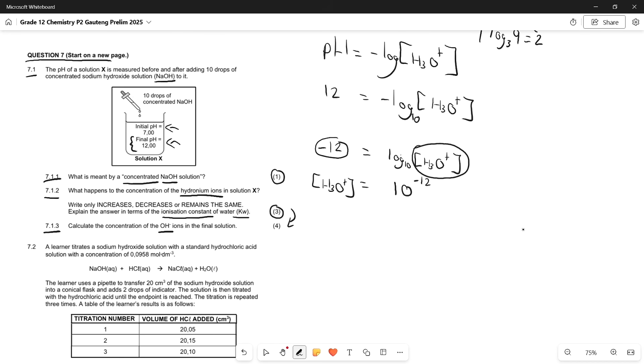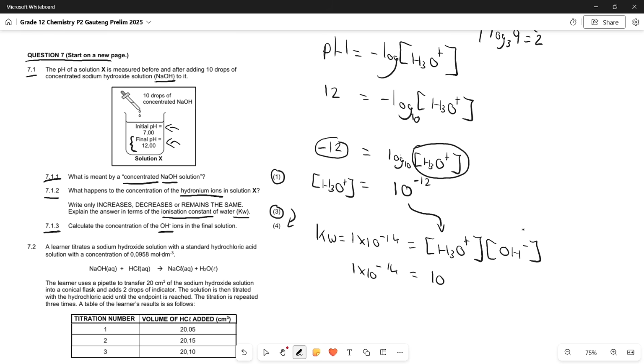What we can then do is rewrite our Kw formula. So we have Kw equals 1 times 10 to the negative 14, and that equals the concentration of H3O plus multiplied by the concentration of OH minus, which makes this quite easy for us because now we can just go ahead and sub this guy into there. So we have 1 times 10 to the negative 14.